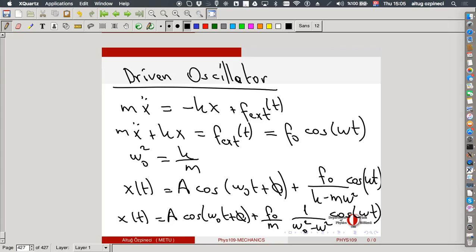If they match, if omega and omega 0 become equal, you see that this term becomes infinite. Of course, this solution is not valid if omega is equal to omega 0. Now, this is the solution if omega is not equal to omega 0. You can still find the solution when omega is equal to omega 0.